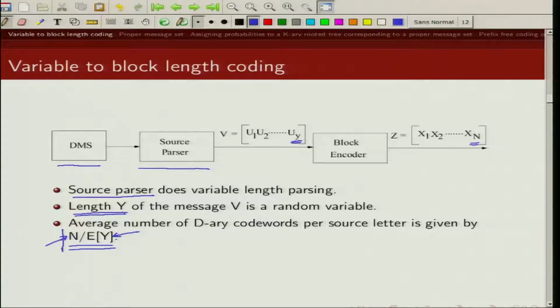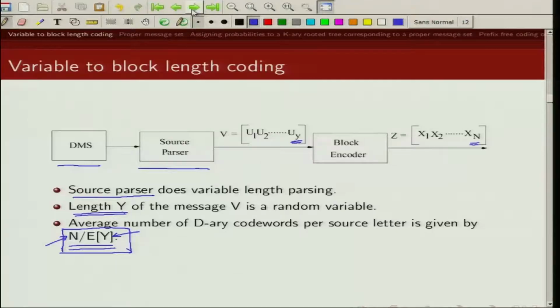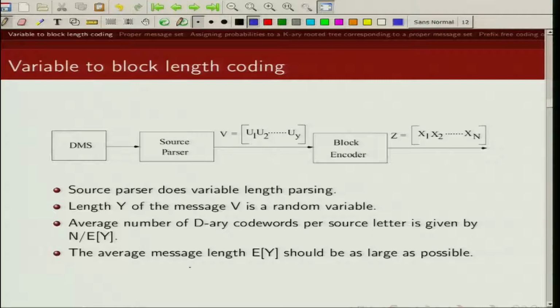So a measure of goodness of this compression is this ratio n by E[Y]. Clearly, if you want good compression, we would like the expected value of Y to be as large as possible for a given n. So our objective in designing this variable to block length code is to parse the source in such a way that the expected value of Y is maximized.